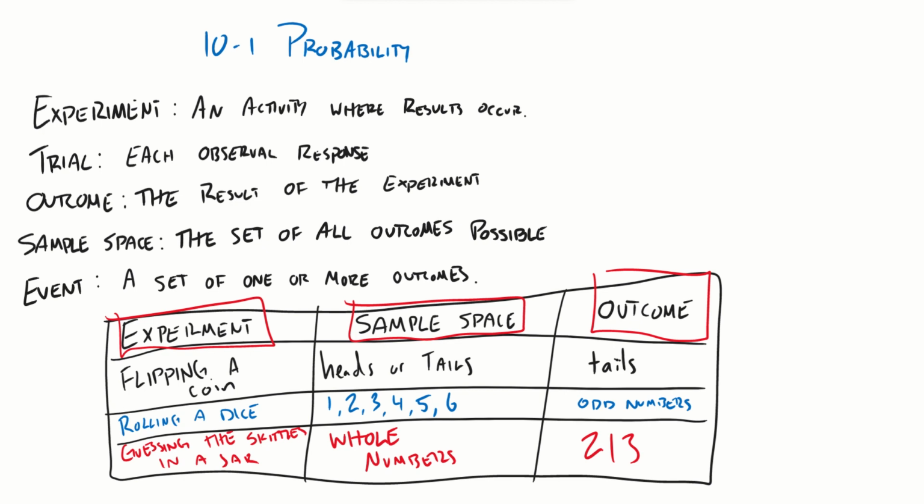All right, let's talk about what we call probability when we see something.